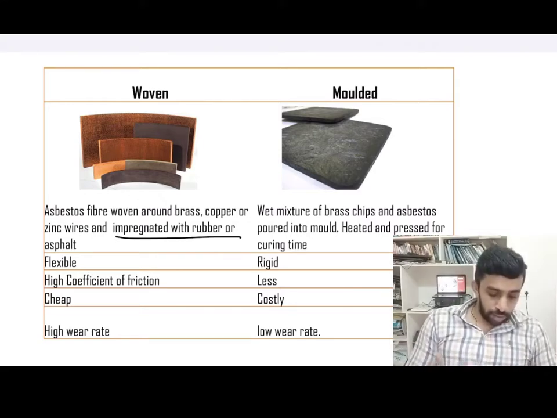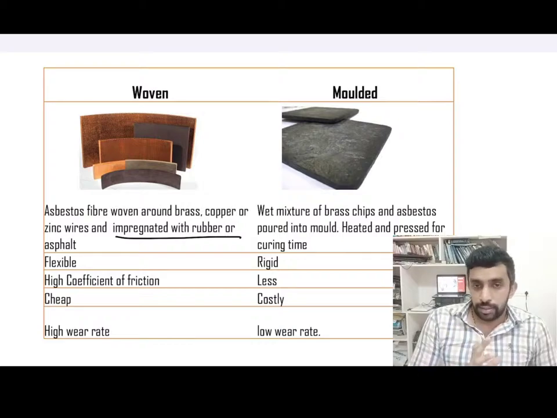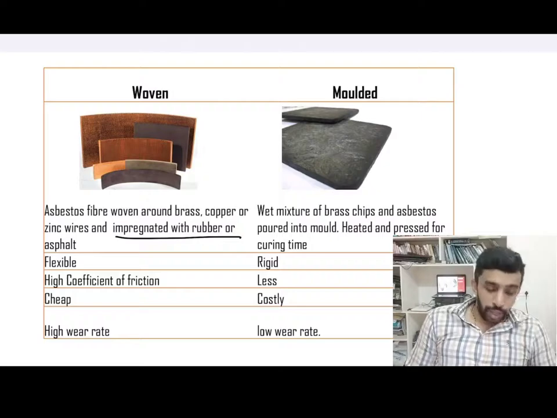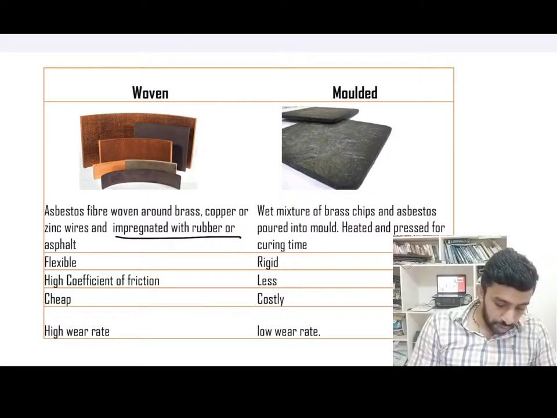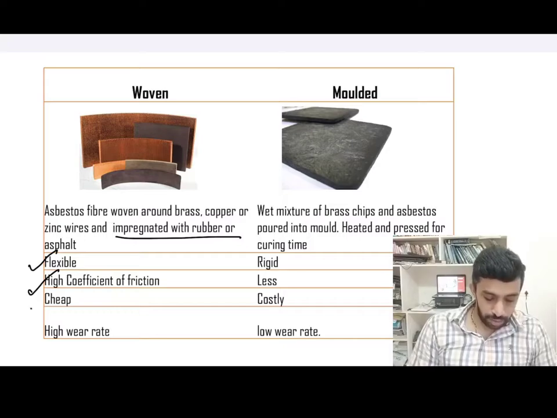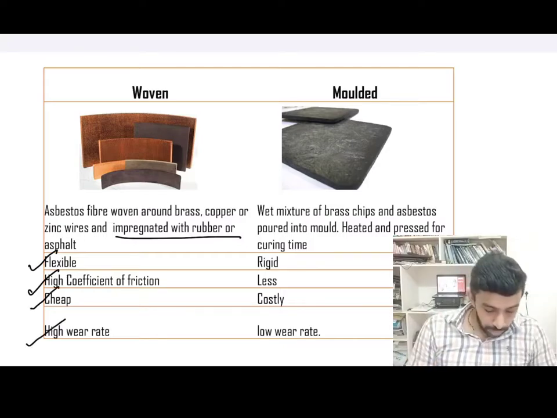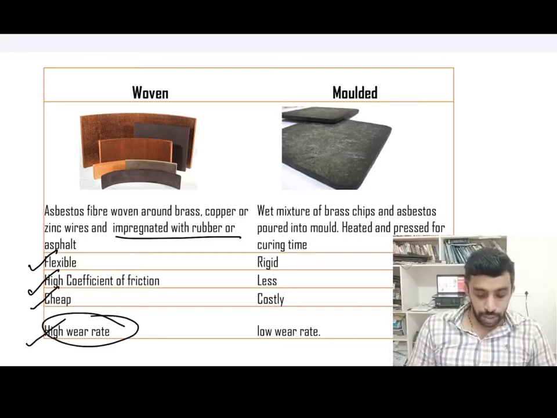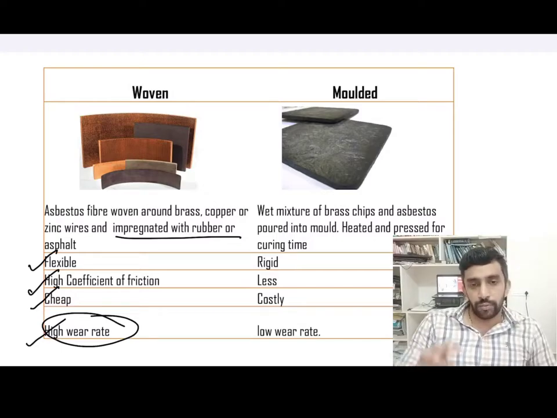So you have a woven fiber. The main property of this fiber is that it has high strength. It will not deteriorate during the application. Along with that, it is flexible. The coefficient of friction is high, and it is cheap, but the disadvantage is that it has a high wear rate.